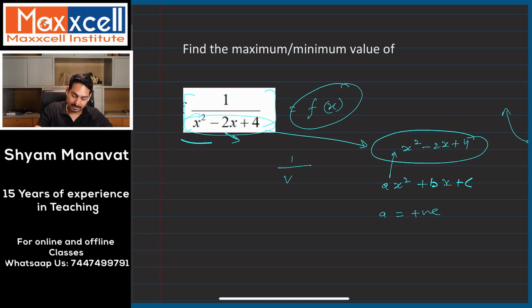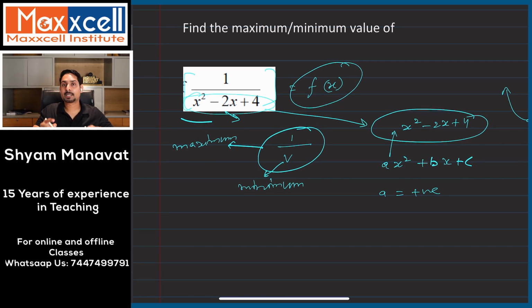So अगर denominator का, ध्यान से समझना, अगर denominator का आप minimum value लोगे, the fraction will show maximum value. Do you agree? If you take minimum value of the denominator, the fraction will have maximum value.